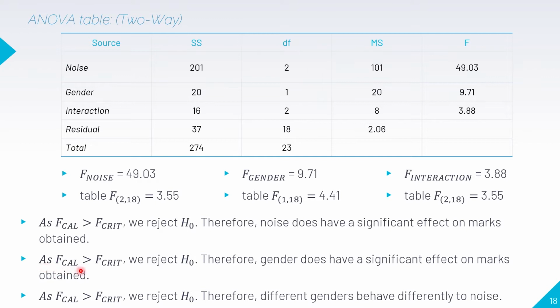As F cal is greater than F critical, we reject our null hypothesis. Therefore, gender does have a significant effect on marks obtained. Same for our interaction, since our F cal is greater than our F crit, we reject our null hypothesis. Therefore, different genders behave differently to the noise.